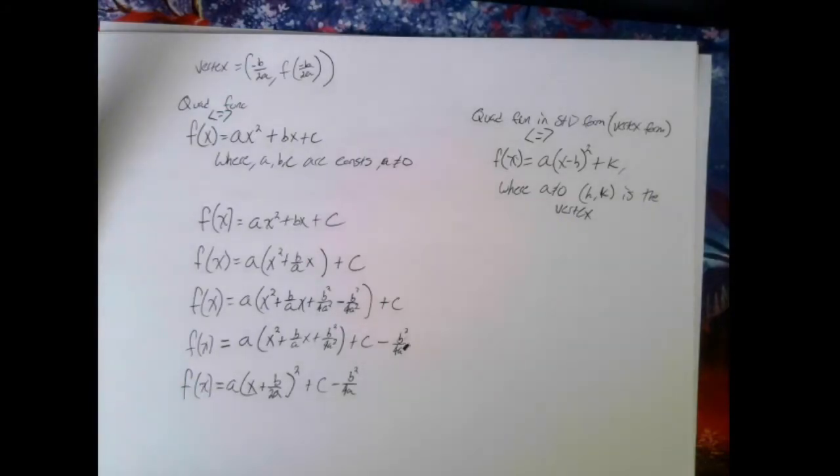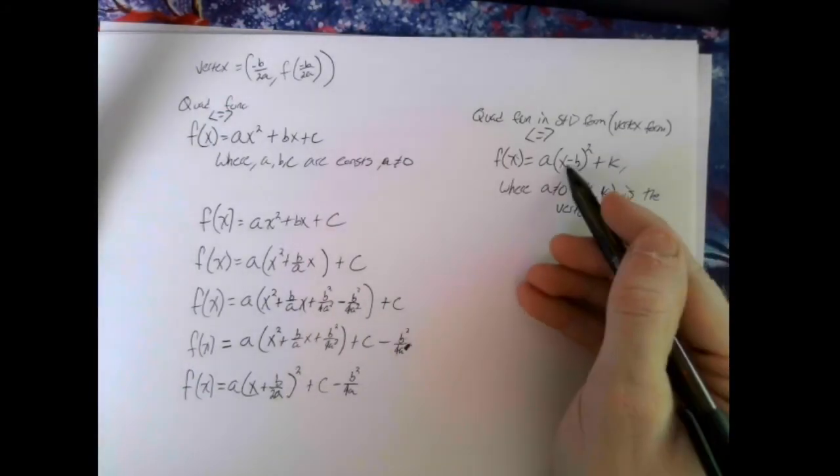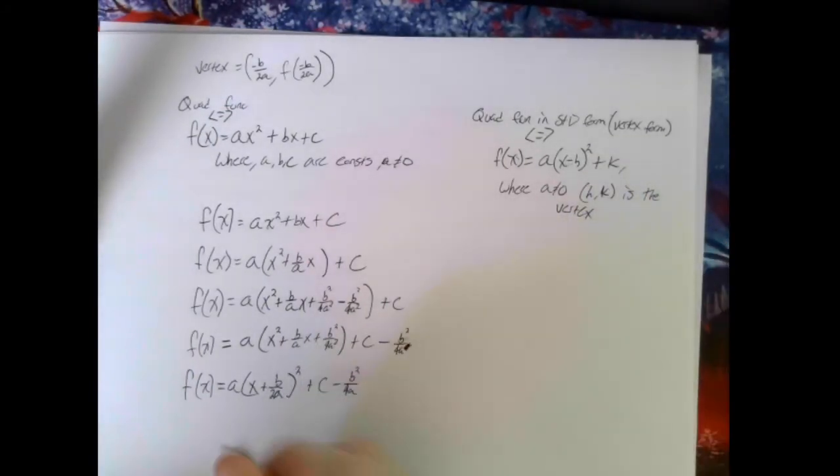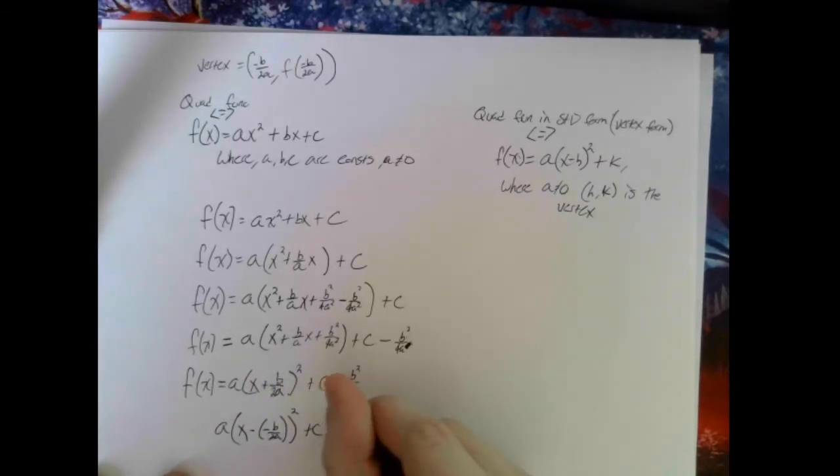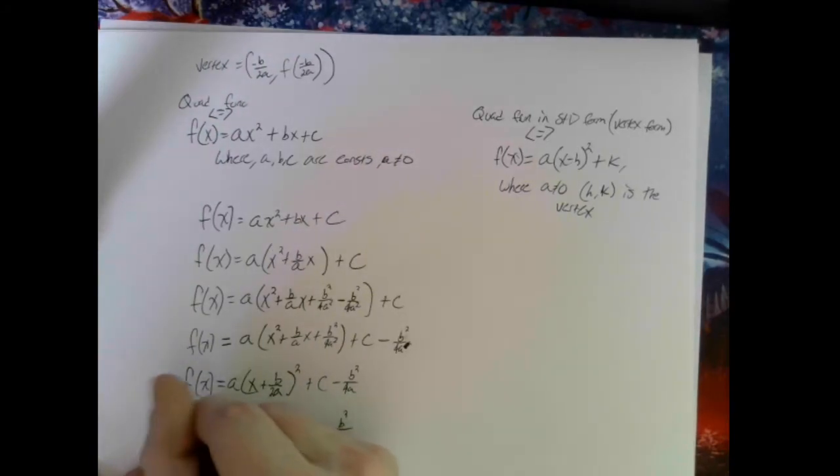From here, we can tell that this is pretty much in our vertex form, but we see how we have a minus here and a plus here. So we know that this is actually going to be x minus negative b over 2a, squared, plus c minus b squared over 4a, equals f of x.